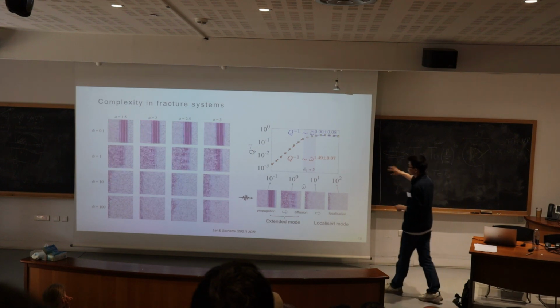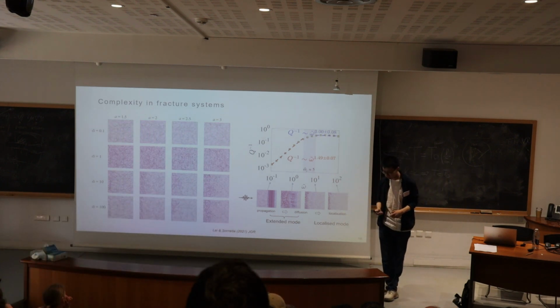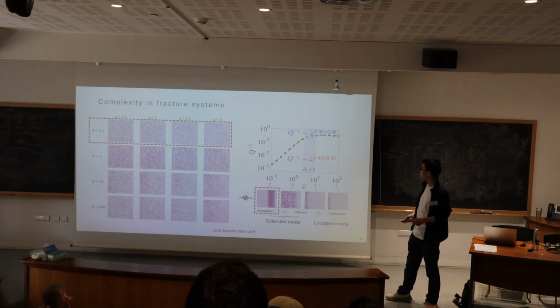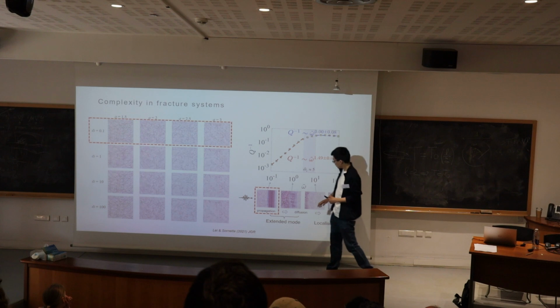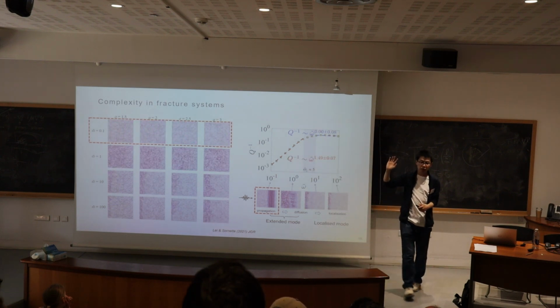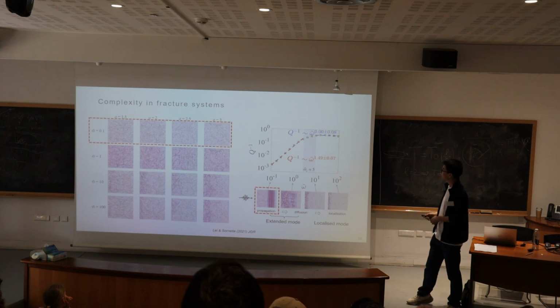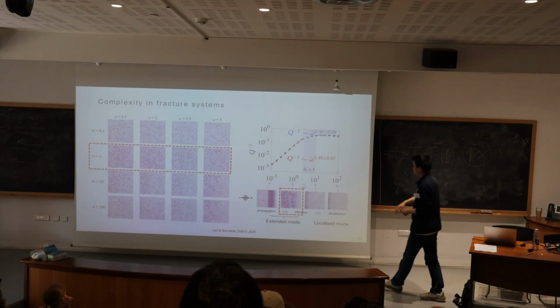Here is another case. It's the seismic wave propagation in fractured media, where we can see that when the dimensionless frequency is low, the waves are governed by forward propagation. And when omega increases, we see the wave is diffusing.